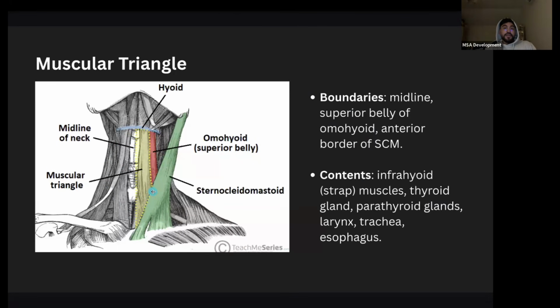All right. What really sits here is going to be your infrahyoid muscles, your thyroid gland, your parathyroid glands, the larynx, the trachea, and the esophagus. Okay. So yeah, I hope it makes sense.